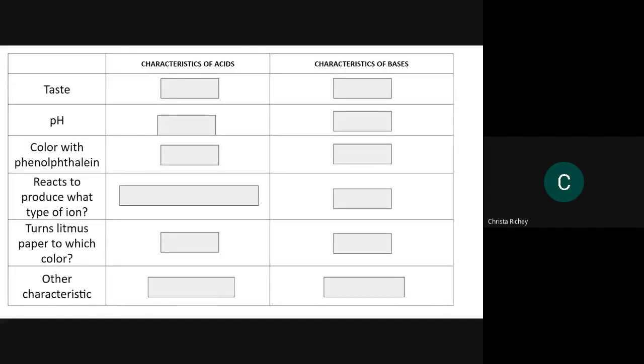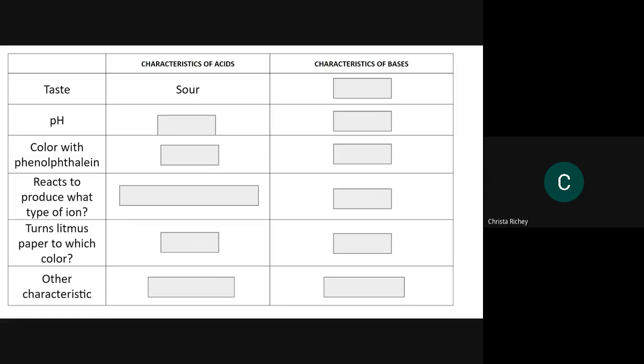We're gonna fill in the chart. This is the top part of this. If you eat something that is acidic and it's safe to eat it, what is it going to taste like in general? Sour. Okay, this is what makes your cheeks pucker if you bite into a lemon or a lime.